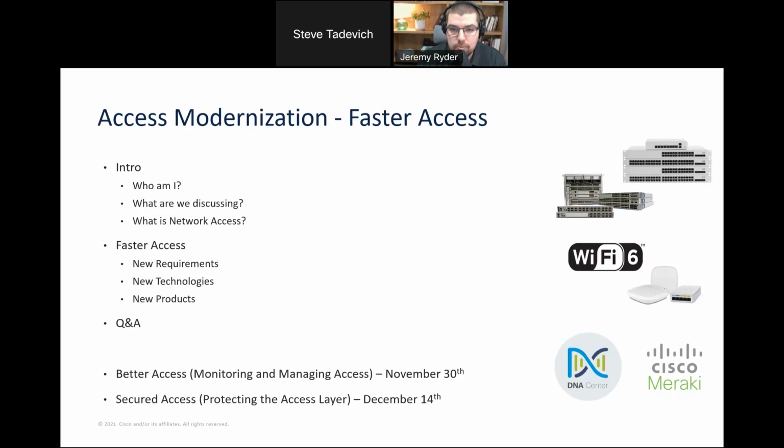What are we discussing? As I said, the series is access modernization. In particular, we want to focus on the changes that are going on in our network access space. For those that are not familiar, the access layer, especially if you see any Cisco design guides, is the point of the network that we're plugging all of our devices into.